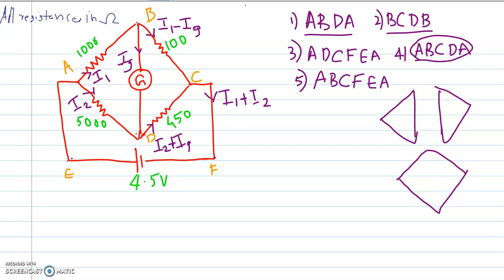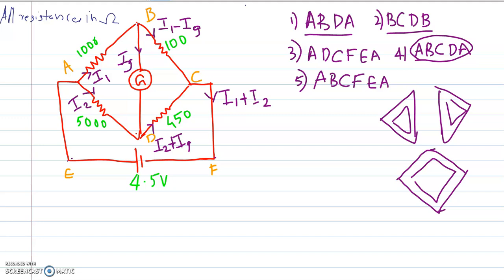In the first one, ABDA, all the components are already taken, and in BCDB also all the components are taken. And when I write for ABCDA, all the components are already taken in the previous two loops. So at the end you will not get the answer.